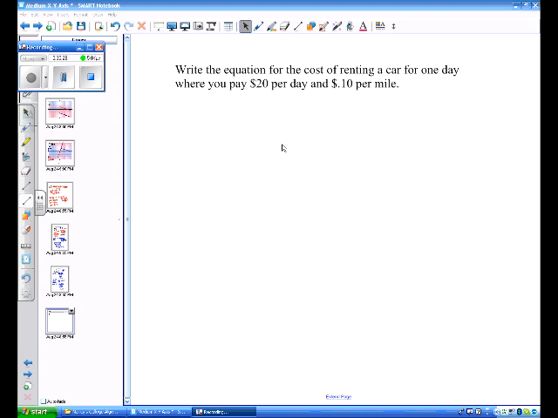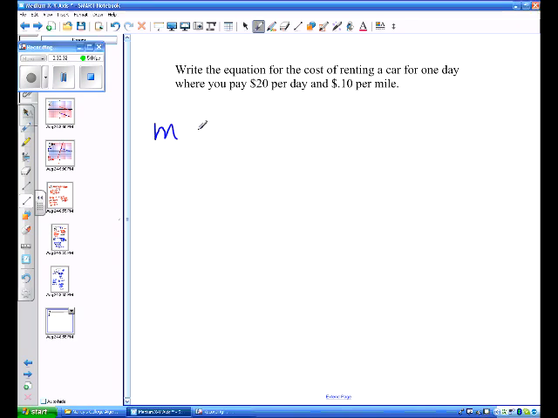Well, if you remember, what we needed when we wrote an equation is the slope, which is also the rate of change. And we just talked about that when we talked about our average rate of change formula. The slope is the rate of change.